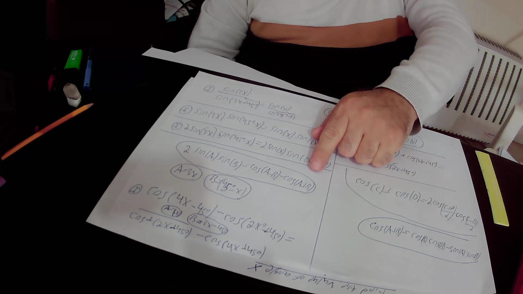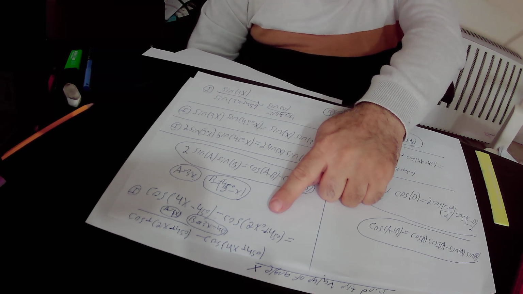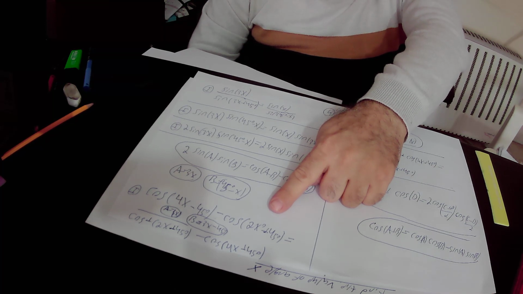plus B. Minus cosine A plus B, where A is 3x and B is 45 degrees minus x, so 3x plus minus x is 2x, and here we have 0 minus 45 degrees.